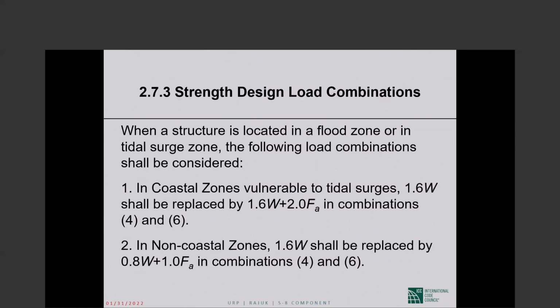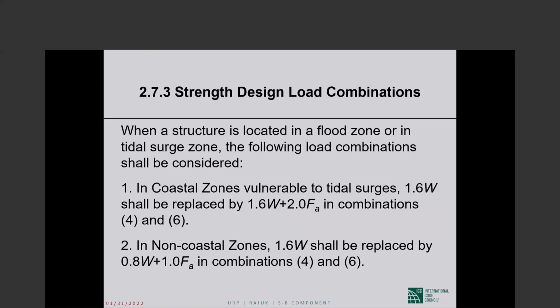Now the F sub A, the flood load. You saw similar things under ASD. Now strength design, when a structure is located in a flood zone or in tidal surge zone, the following load combination shall be considered. In coastal zones vulnerable to tidal surges, 1.6 W shall be replaced by 1.6 W plus 2.0 F sub A. This is strength design, so there is a factor of 2.0.